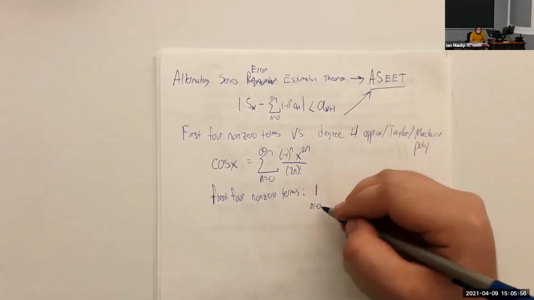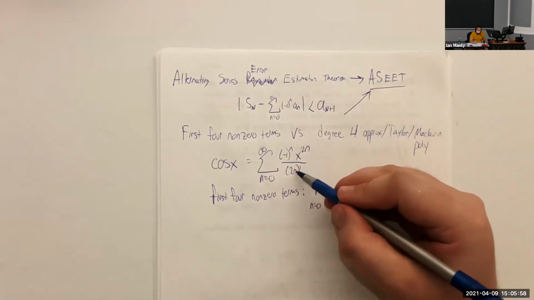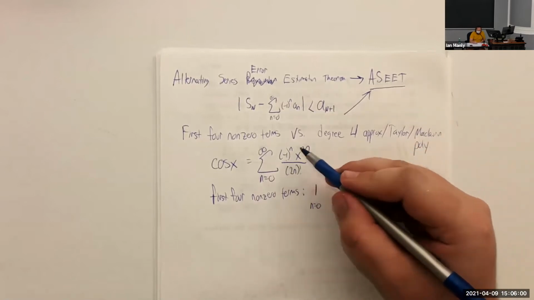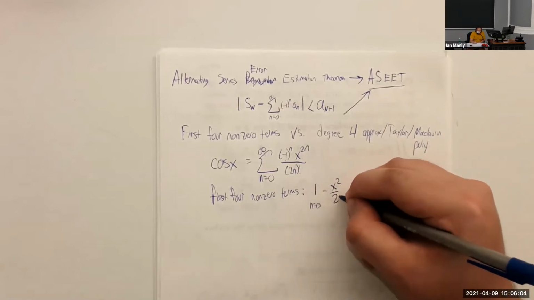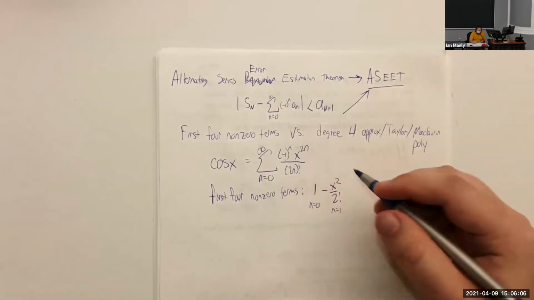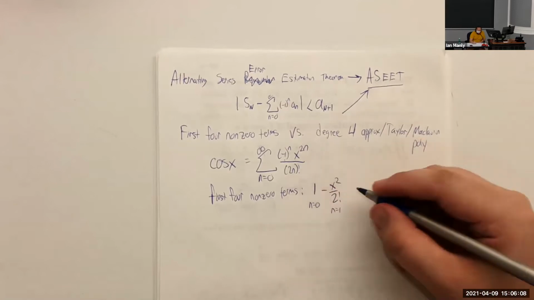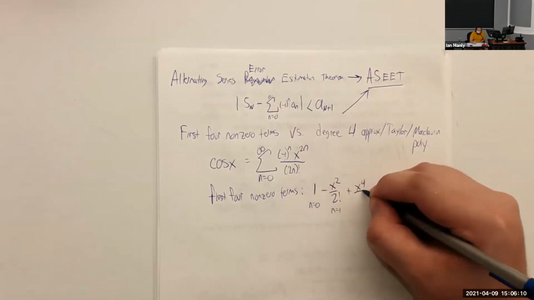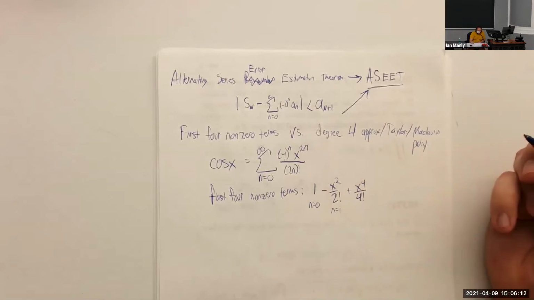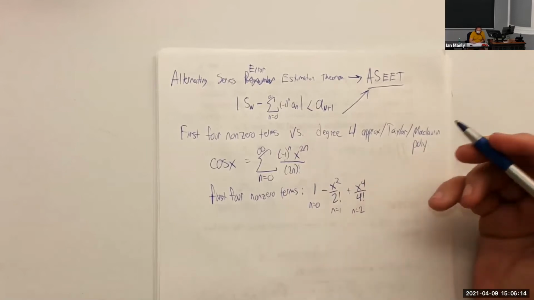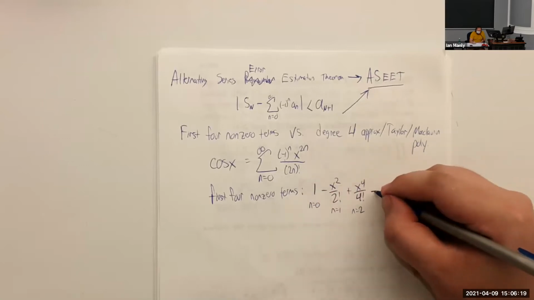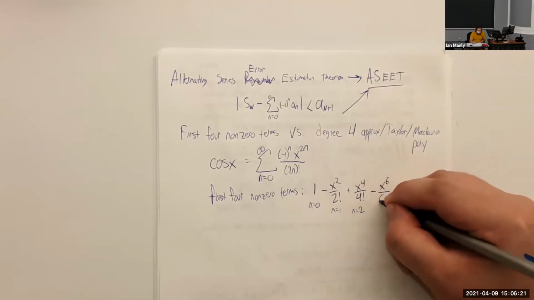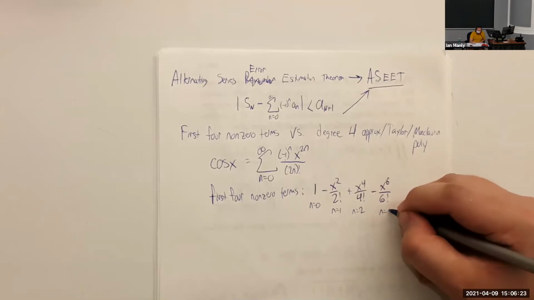And remember, it's okay if this is 0. If I plug in n equals 1, I have negative x squared over 2 factorial. If I plug in n equals 2, I have positive x to the 4th over 4 factorial. And then if I write my 4th and last term here, I plug in n equals 3, and I have negative x to the 6th over 6 factorial.